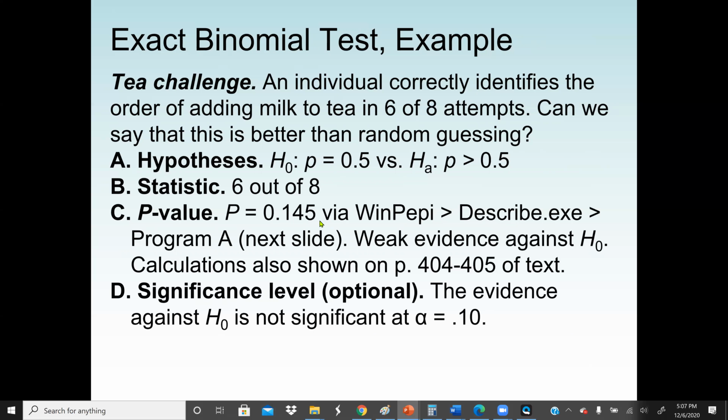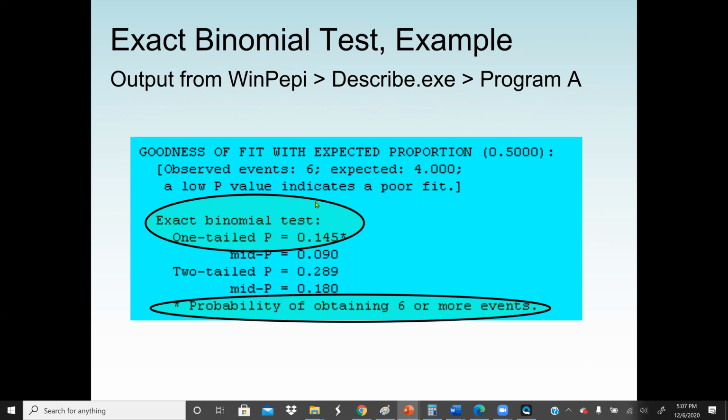Since 0.145 is greater than 0.10, we again accept the H0. So we use the WinPepi application. You can download this, or use it online through Google, etc. We can see the exact binomial test, and the one-tail p-value is given to us.